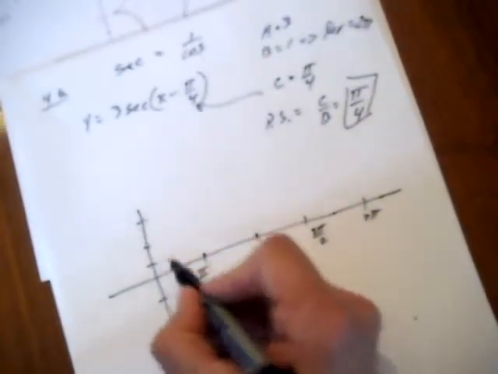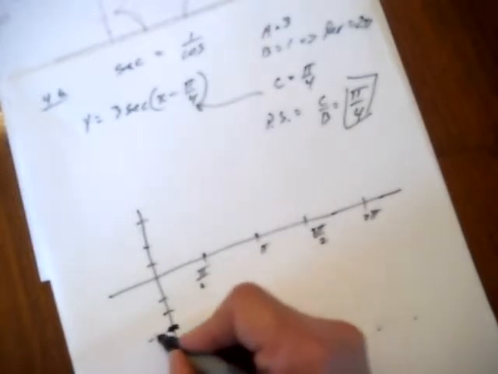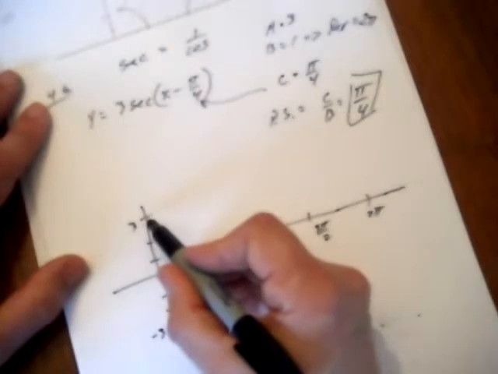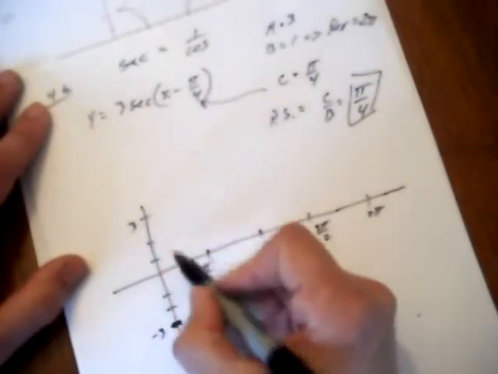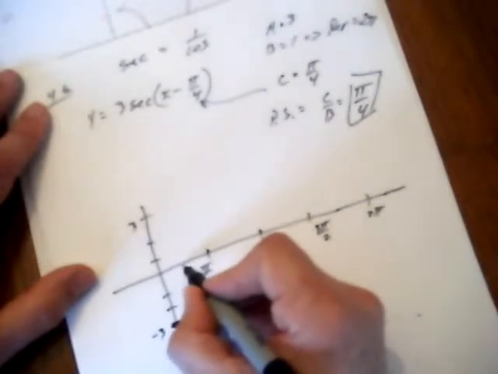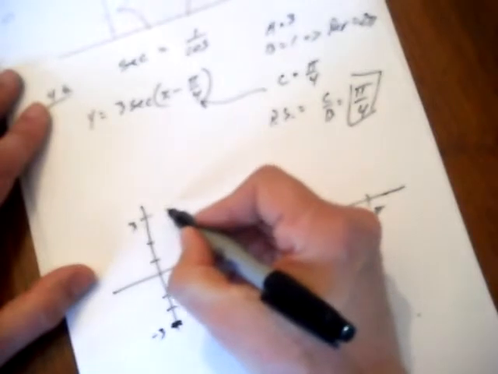Let's label the vertical 3, negative 3. So instead of normally starting here, I'm actually starting shifted over by pi over 4. Pi over 4 is in between 0 and pi over 2, so this is pi over 4. I have to place a point here.